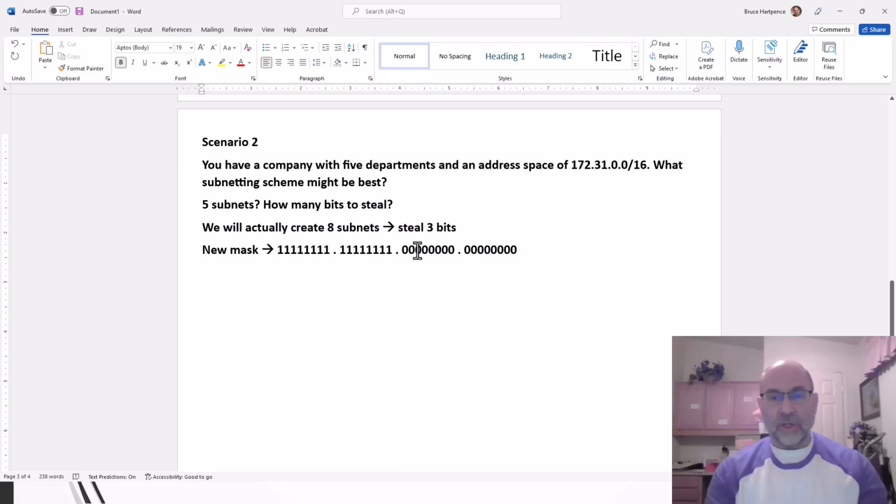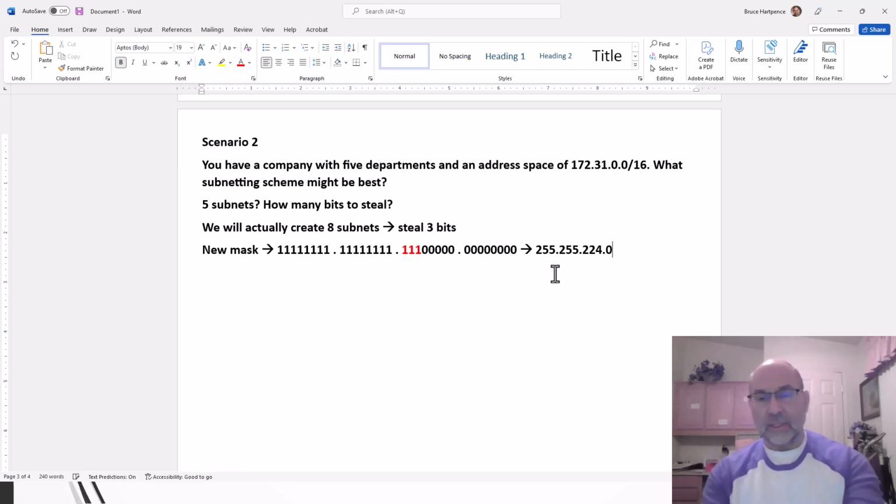We are going to steal 3 bits right there, and we're going to do that by converting them, of course, to 1s. And so the new mask would be 255.255.224.0. So all the work is being done in the 3rd octet.